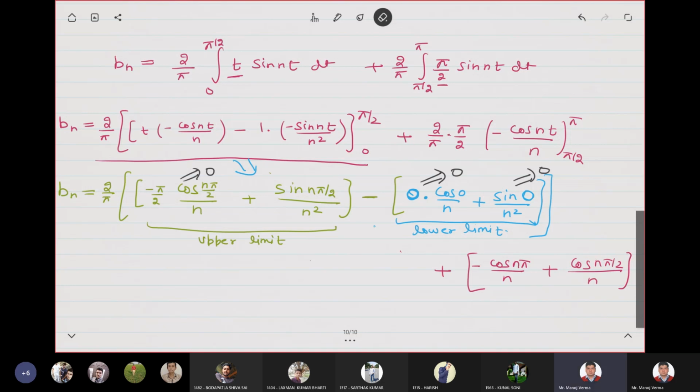Okay, this cos term is 0, and this sine 0 term will be 0 also all the time.